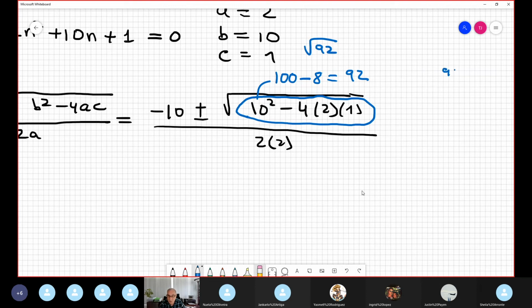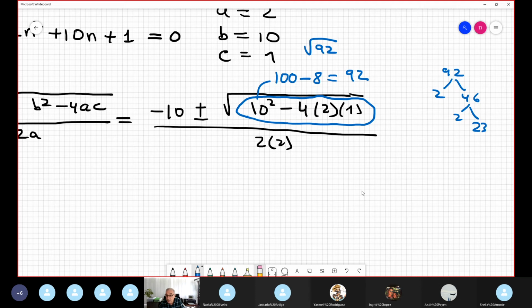And 92 is divisible by 2. Suppose it's 48, no? Let me check it just in case in the calculator. 92 divided by 2 is 46. Not 48, 46. And 46 is divisible by 2, which is 23.